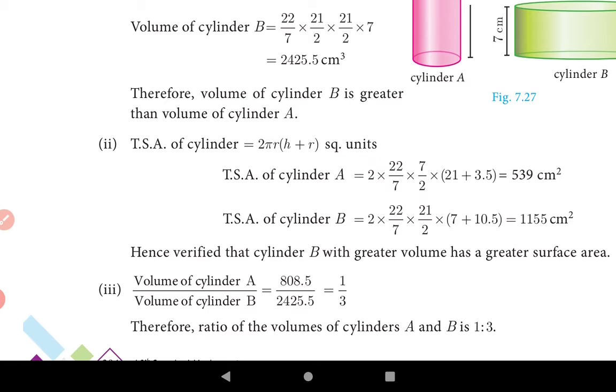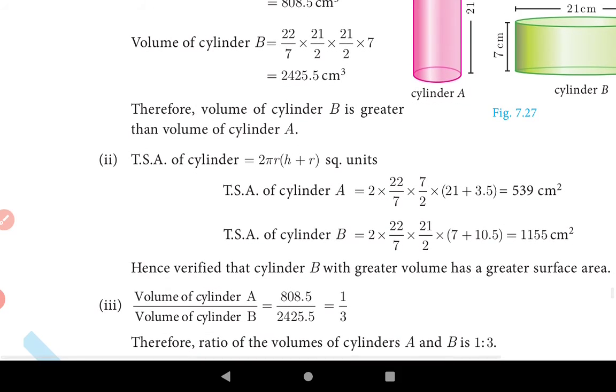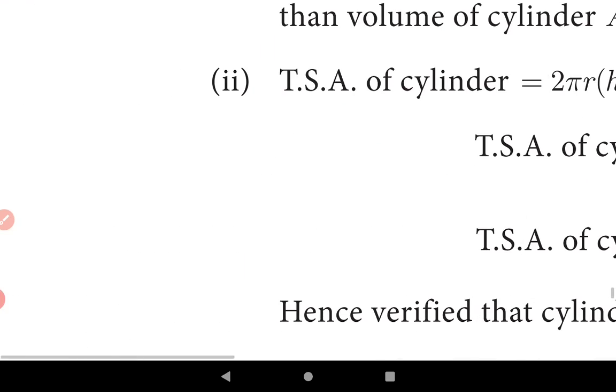So as we know that cylinder A has radius 7 by 2 and height 21 centimeter, and cylinder B has radius 21 by 2 and height 7 centimeter. Now let us solve this.